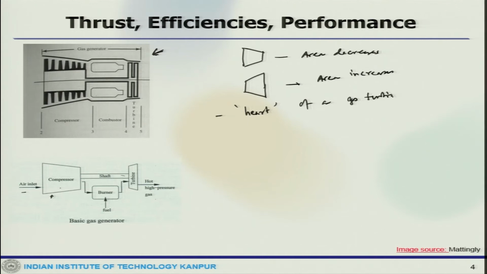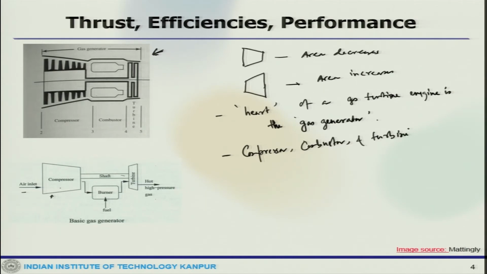Okay. So, one can say the heart of a gas turbine engine is the gas generator, which has compressor, combustor and turbine, which are major components and very common to turbojet, turboprop, turboshaft.